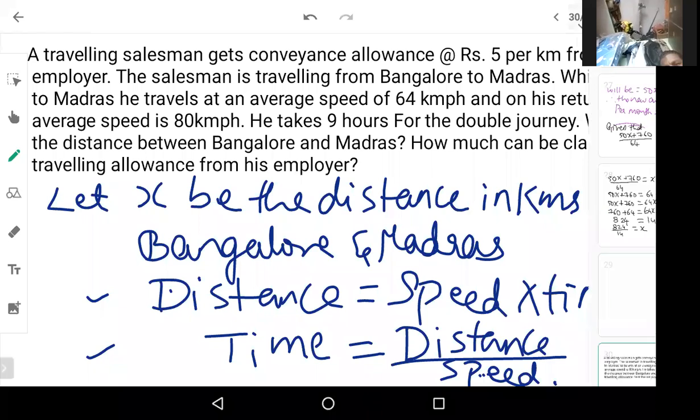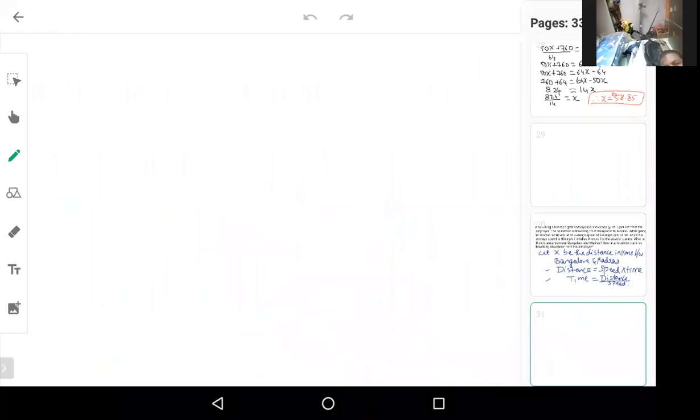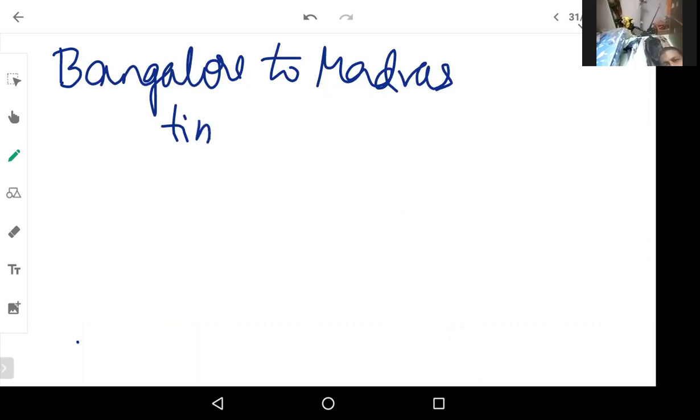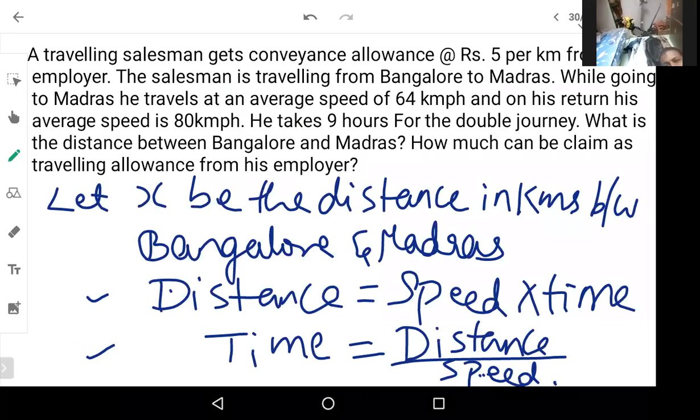Now, let us read the question and understand the time taken from Bangalore to Madras. Time taken is nothing but, what is the formula? Time is equal to distance by speed.